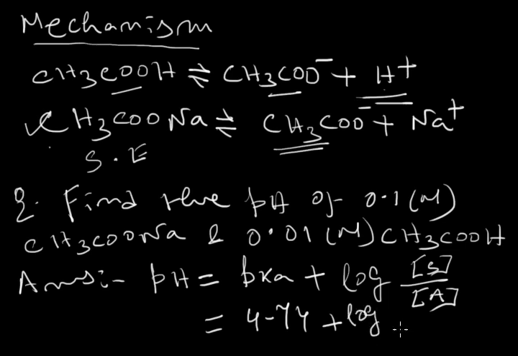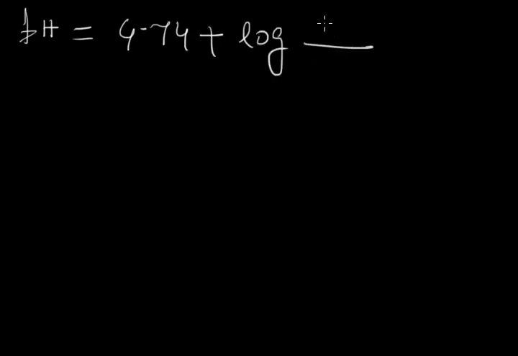Concentration of salt is 0.1 and concentration of acid is 0.01. So pH is equal to 4.74 plus log 0.1 divided by 0.01.